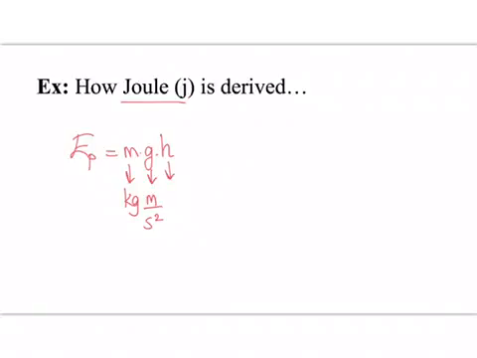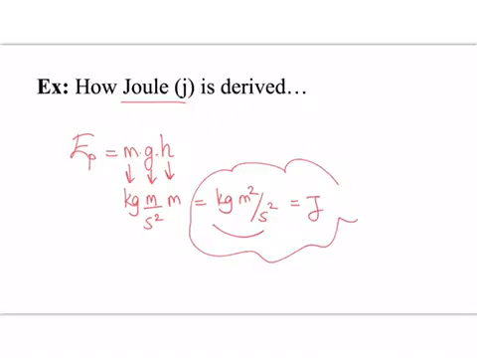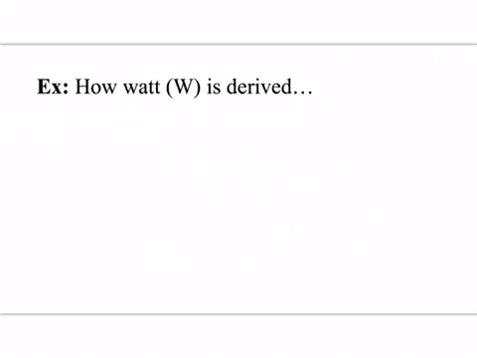The unit of height is meter. So I have kilogram meter square over second square. This is a very complex unit, so for simplicity I call it a special unit, joule. So 1 joule is equal to 1 kilogram meter square per second square.